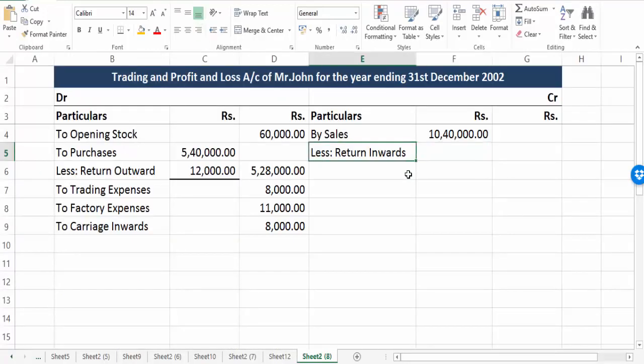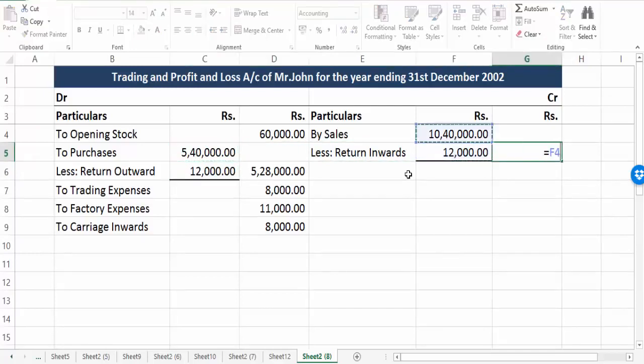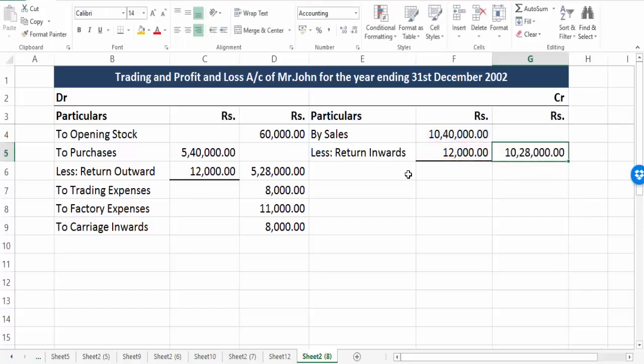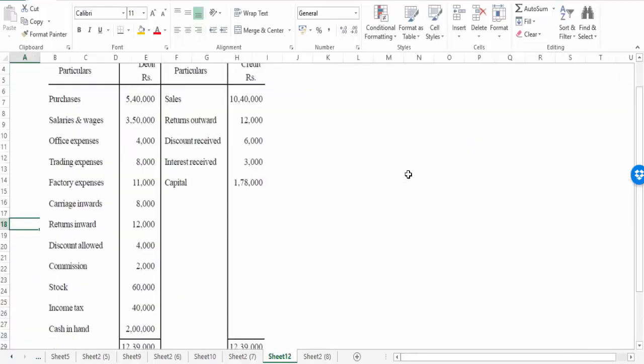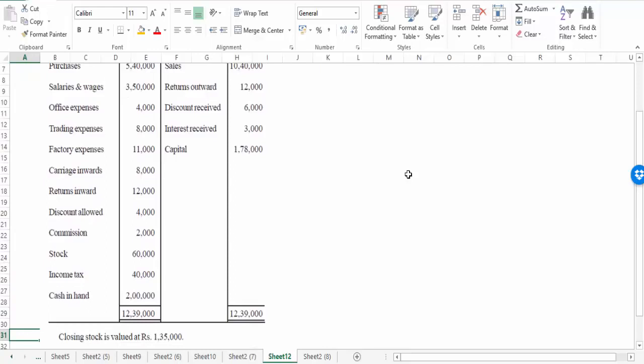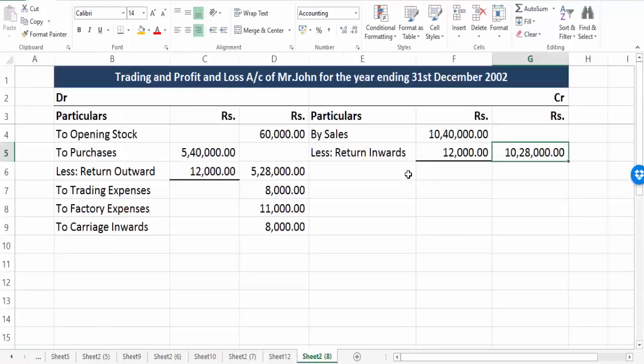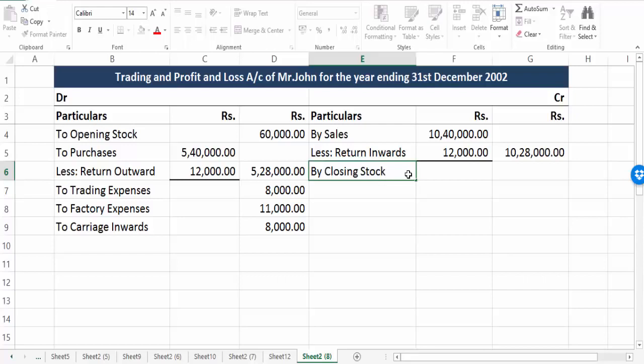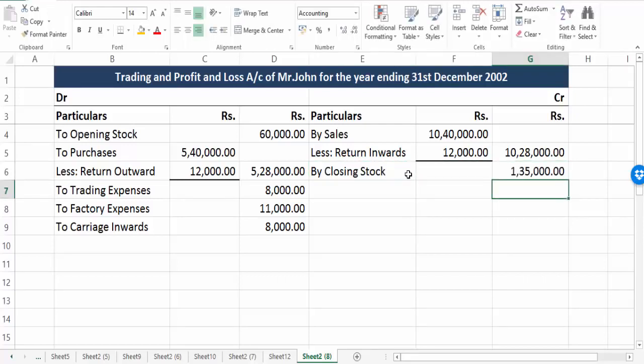So what is the net sales? 10,40,000 minus 12,000, that is 10,28,000. Any other item appearing on credit? Probably we have one adjustment somewhere over here. We have closing stock that is valued at 1,35,000. So that will appear on credit of trading. So we'll say by closing stock, which is 1,35,000.